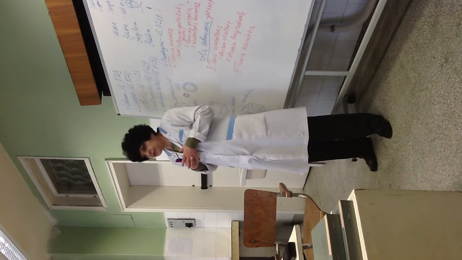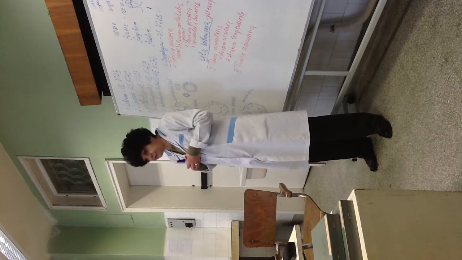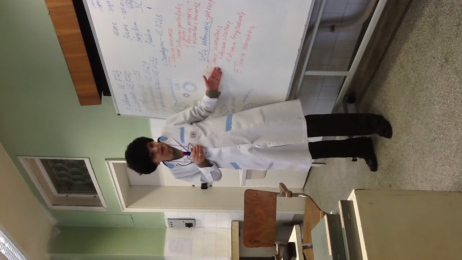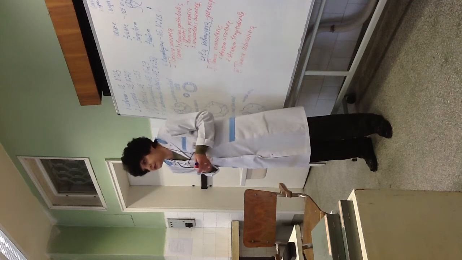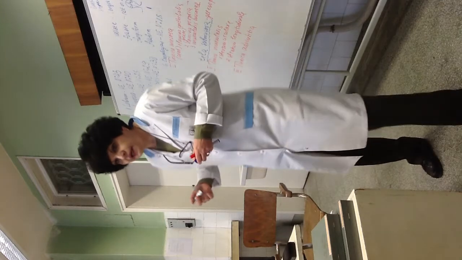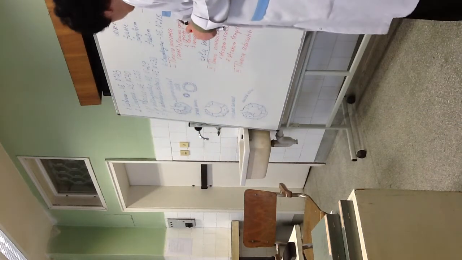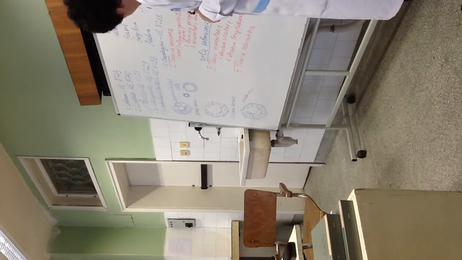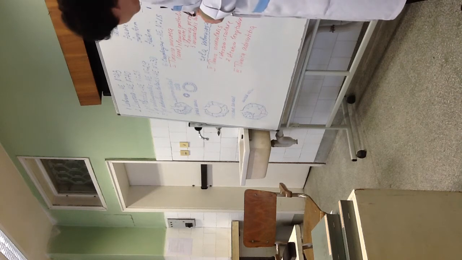Tela submucosa is an important layer of connective tissue located between tunica mucosa and tunica muscularis. Only the esophagus and duodenum have glands located in the tela submucosa. In the esophagus, they are named glandulae esophageae.